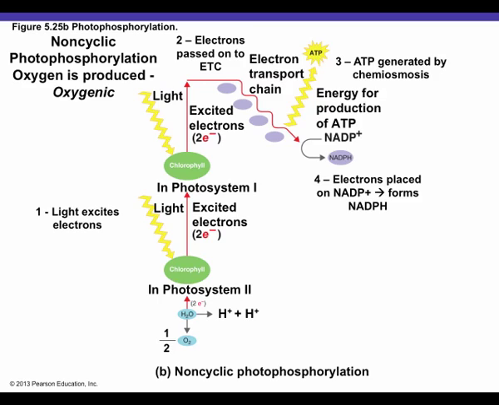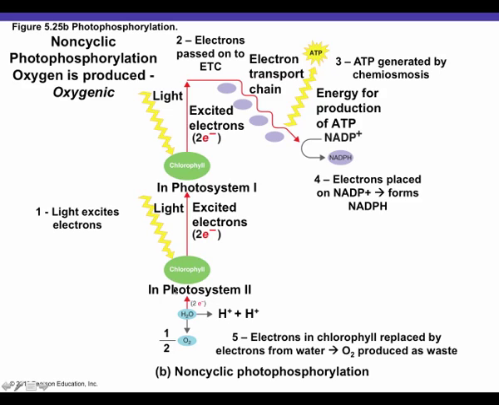Okay, so now let's say we let this thing go. Electrons bumped up, NADP+. And electrons bumped up, NADP+. What's missing here? If you said we need to replace those electrons in here, then you're correct. And the electrons here are replaced by electrons from water. So here we have water. Water becomes oxidized because it lost those electrons.